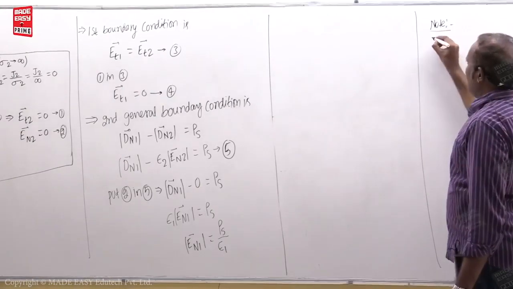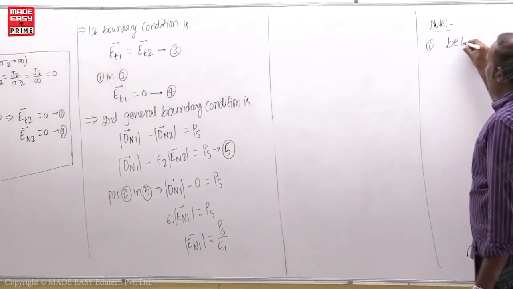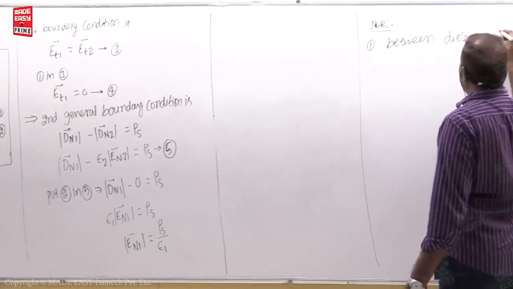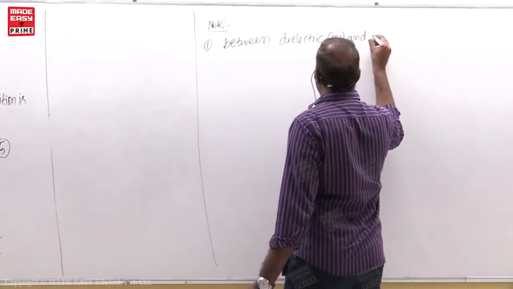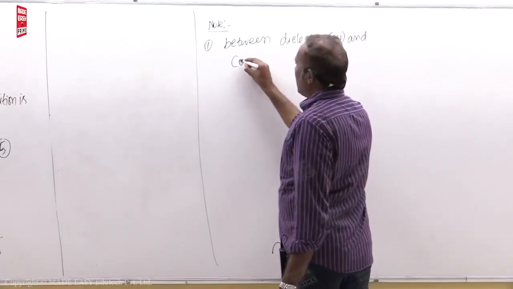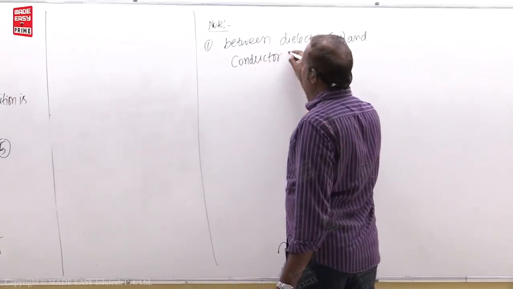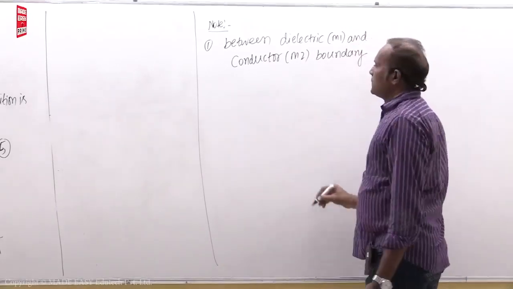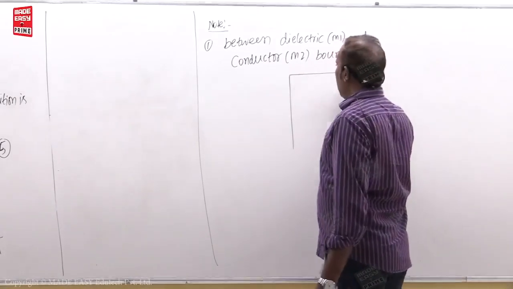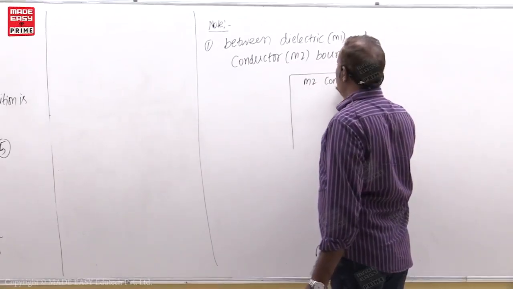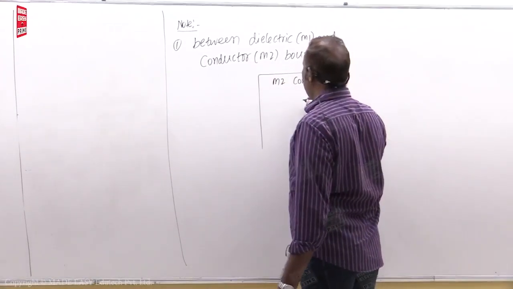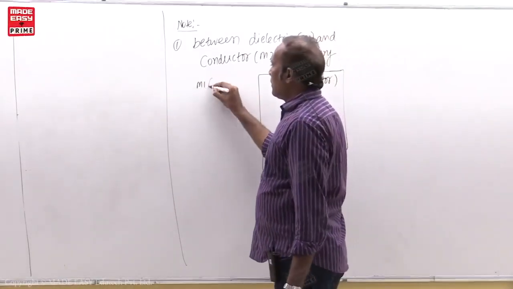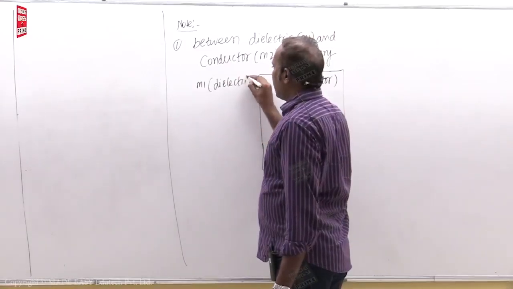Note, I am writing here: between dielectric, that is medium 1, students, and conductor, that is medium 2 here. Boundary, I am drawing a diagram here. This is medium 2, that is conductor, okay, and this is medium 1, that is dielectric.